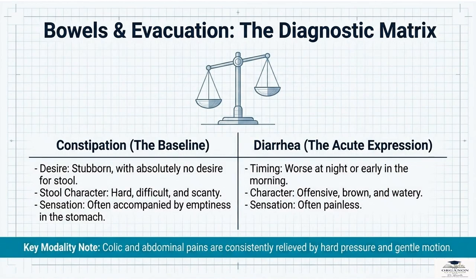Bowels and evacuation. In the psoric patient the base is going to be chronic constipation that the patient complains of, but the acute expression is going to be diarrhea. Now what does this signal to us? The clinical diagnosis that we know is IBS, irritable bowel syndrome.